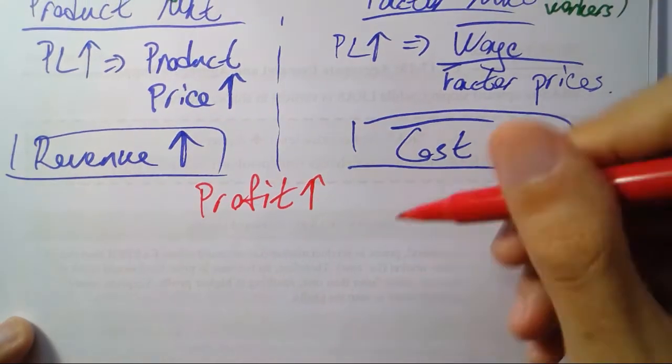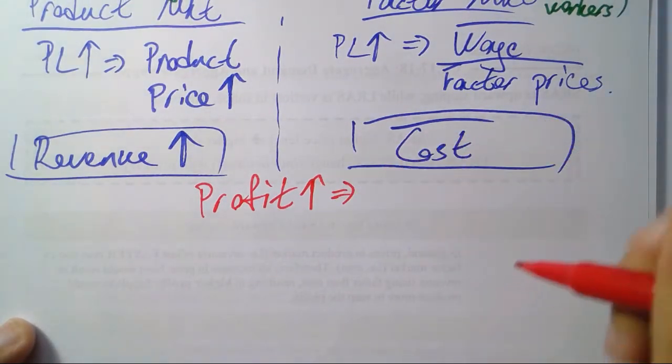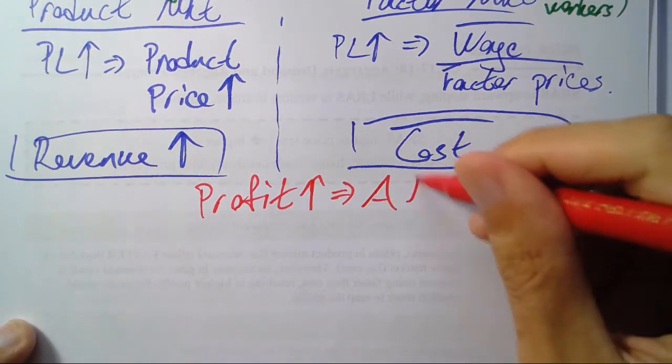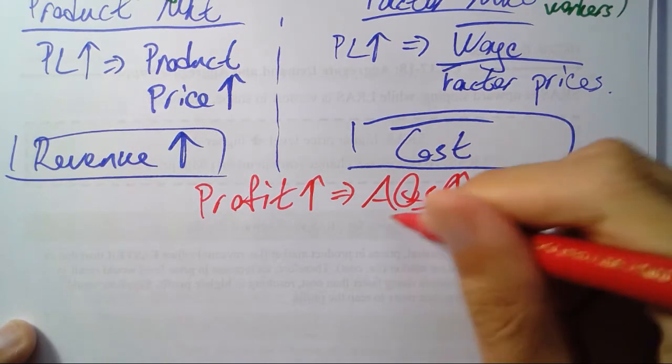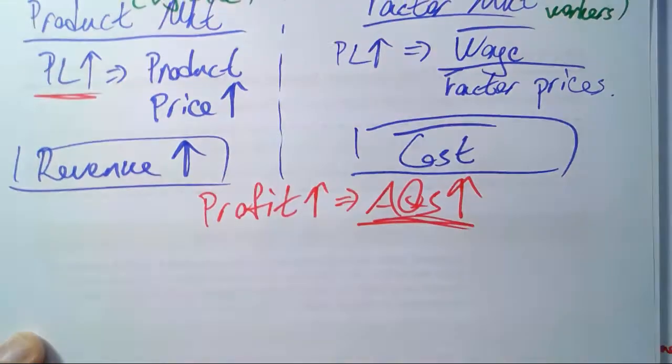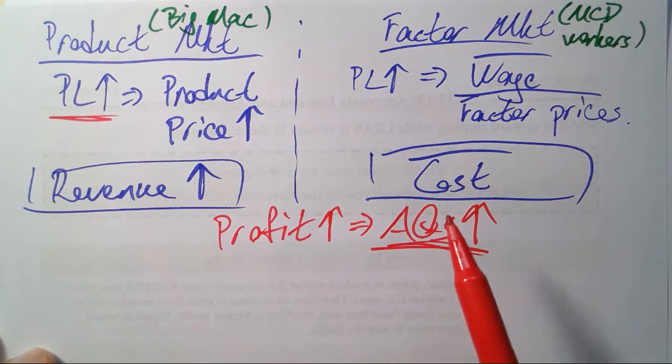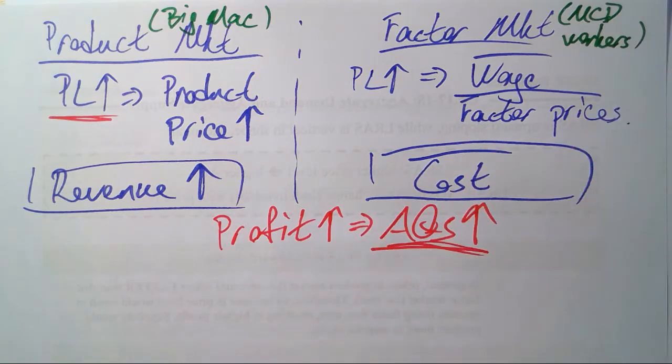So when profit would go up, would they make more or make less? Of course, they would make more. Therefore, you see, higher the price level, higher the AQS, upward sloping.